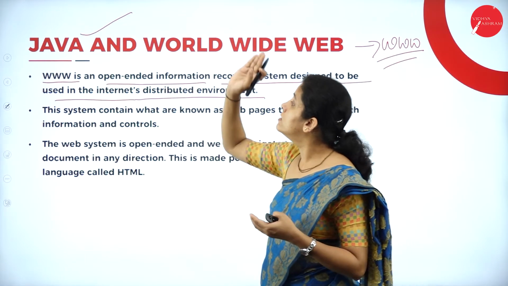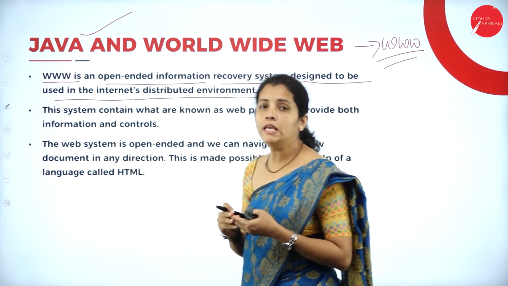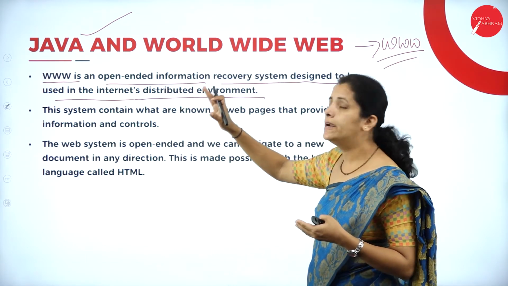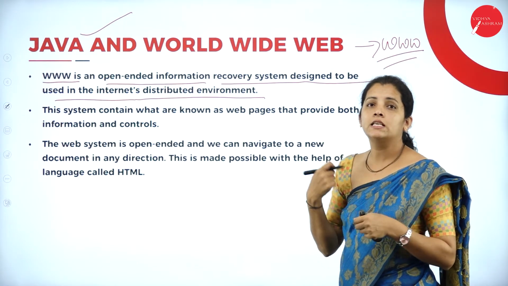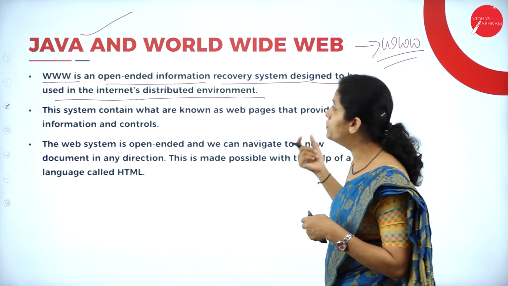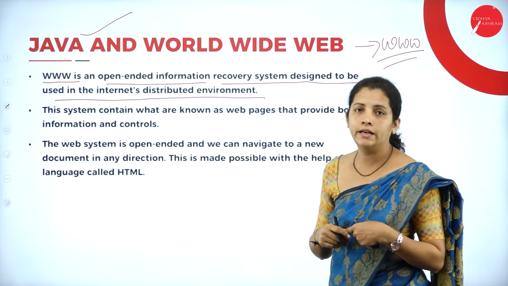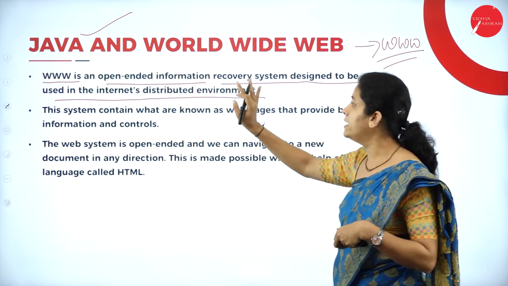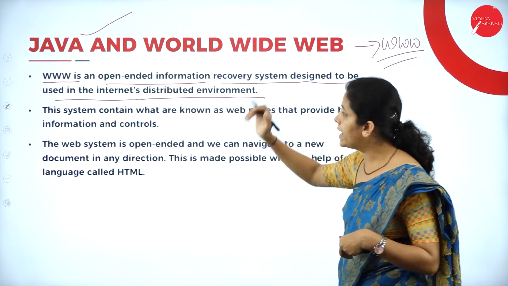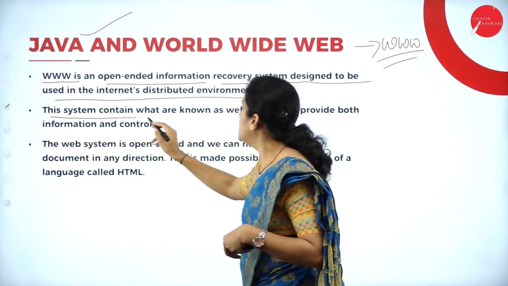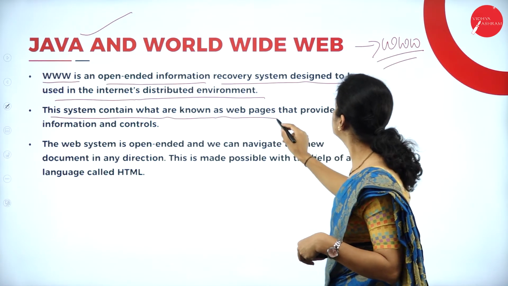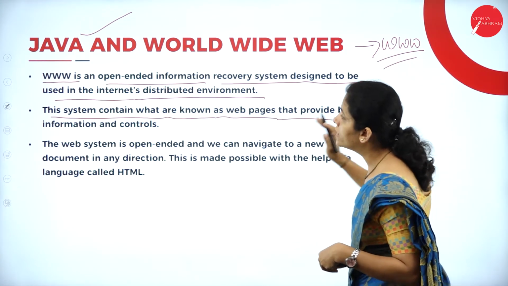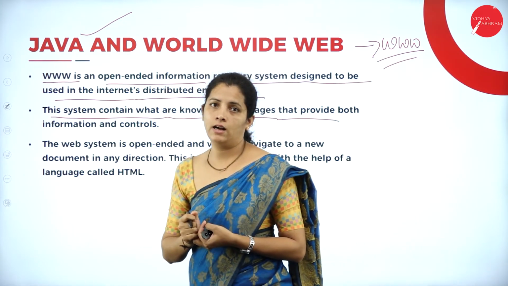So here the www is an open-ended information recovery system, especially designed to be used in the internet distributed environment. And this system contains what are known as web pages that provide both information and controls.